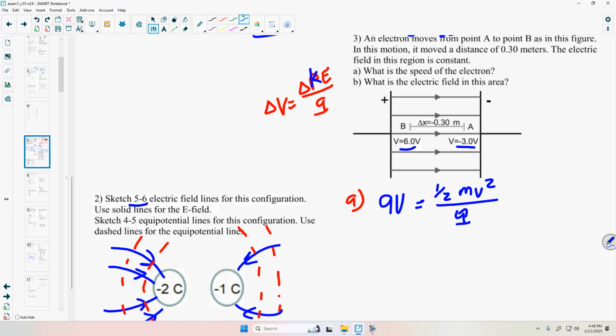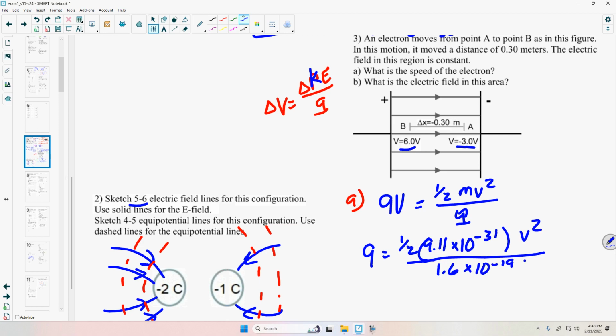So I can have V equals, well, let's see how you want to do this. I'll put in the numbers here. 9 equals 1/2. This is an electron, so it's 9.11 times 10 to the minus 31 kilograms times V squared divided by Q. The Q is 1.6 times 10 to the minus 19 coulombs.